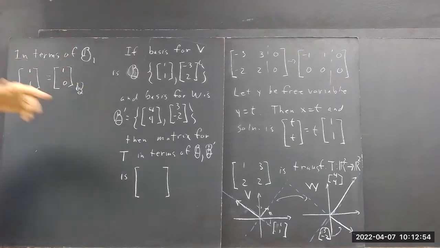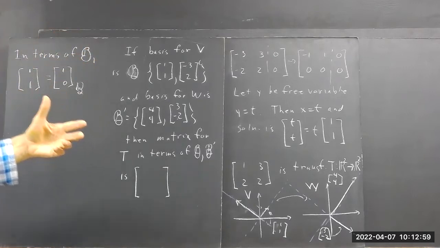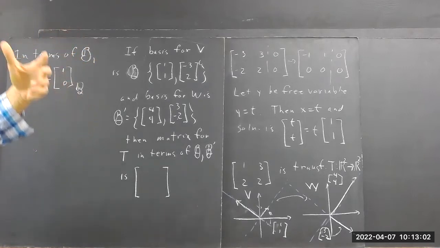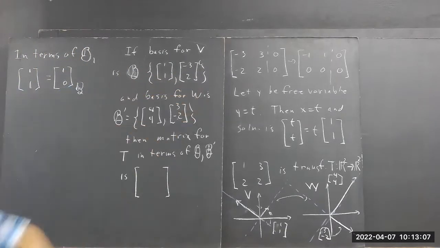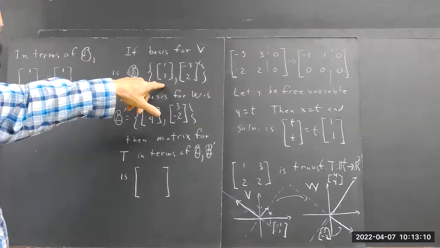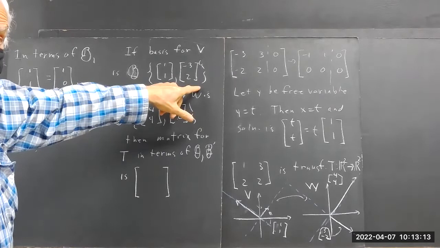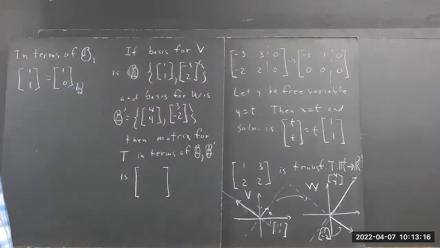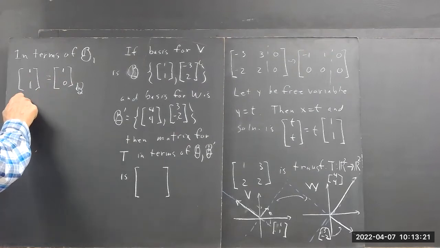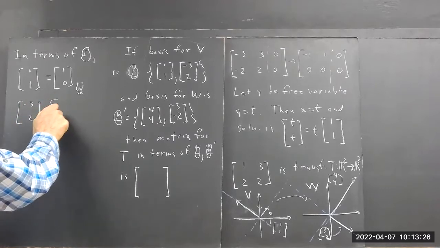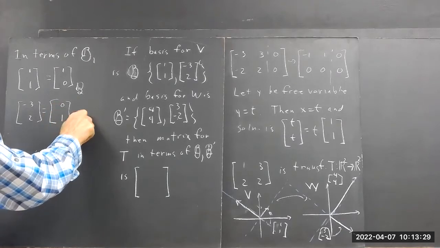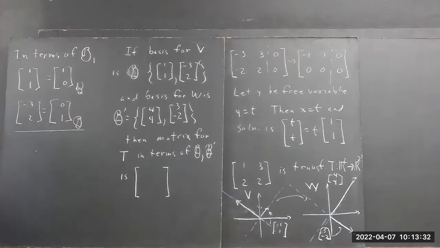Well, what do x1, x2 mean? Or C1, C2, okay? C1, C2 means C1 times this plus C2 times this, right? And if we want just this, then C1 has to be 1 and C2 has to be 0. So in terms of B, we have this. And okay.